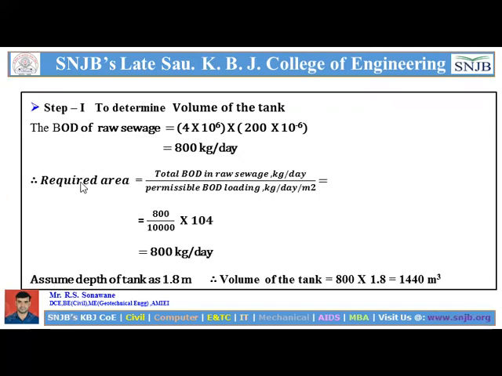So here, after putting in all the magnitudes, 800 divided by 10,000 multiplied by 10^4, we got here 800 kg per day. So assuming a depth of 1.8 meter, we'll get the volume of the tank.